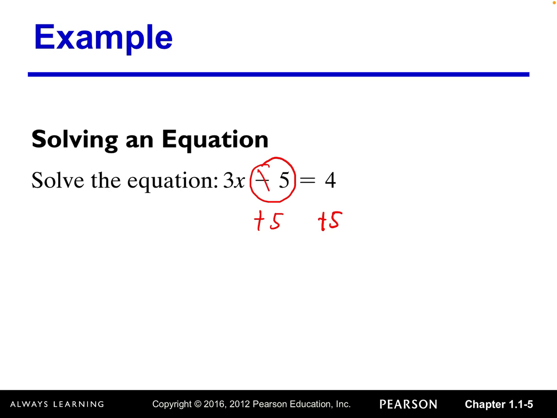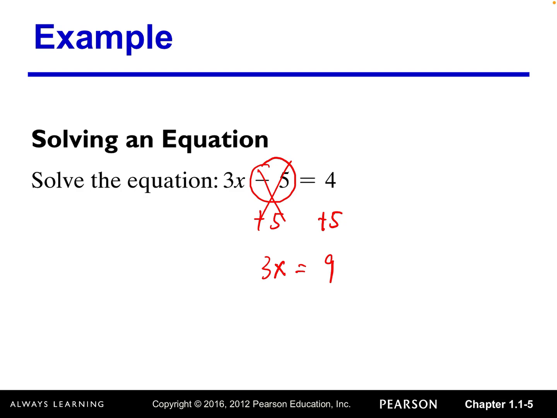By doing that, the constant term cancels out from the left-hand side, and we only have 3x. On the right-hand side, there are two constant terms we can combine: 4 plus 5 equals 9. So we have 3x on the left-hand side and 9 on the right-hand side of the equation. We still don't know what x equals, right? We still haven't found a solution yet, so we need one more step.